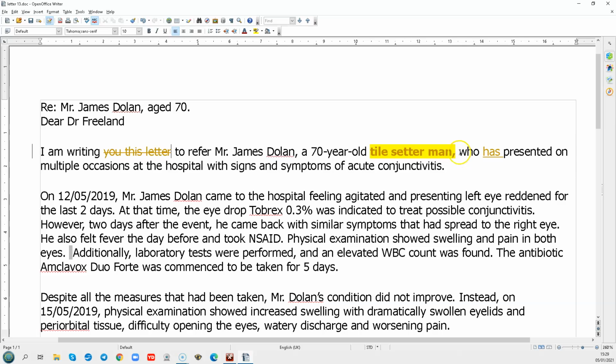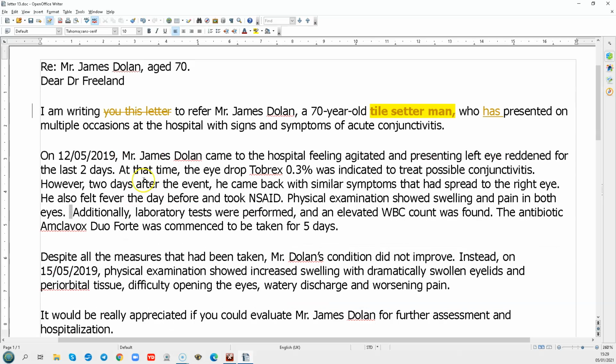So he's come to the hospital on several occasions. And what's that got to do with anything? So I wouldn't put that in the opening. You need the purpose and the main issue or main complaint. Now, Mr. Dolan, you don't have to use his full name every time. Mr. Dolan came to the hospital, or simply presented.